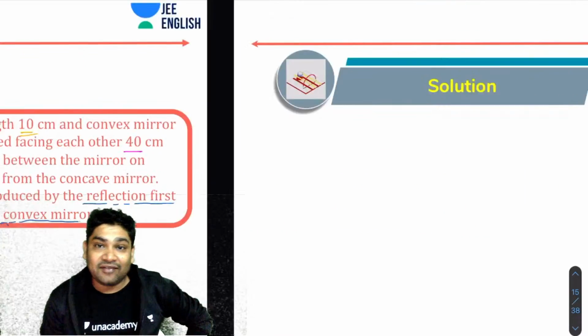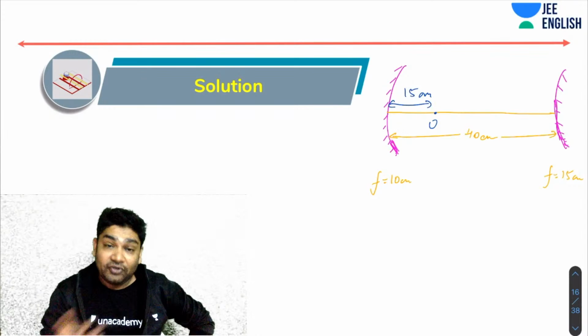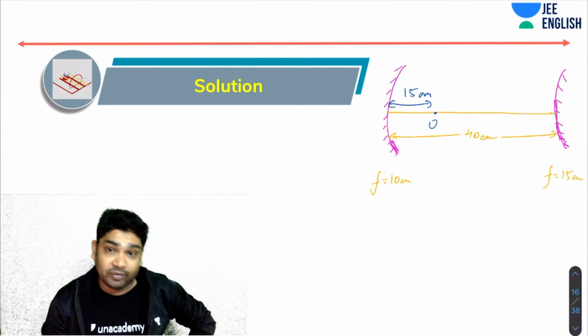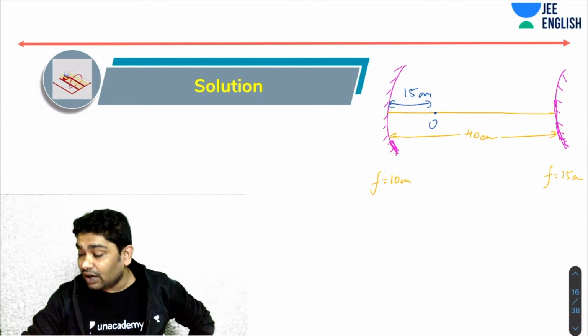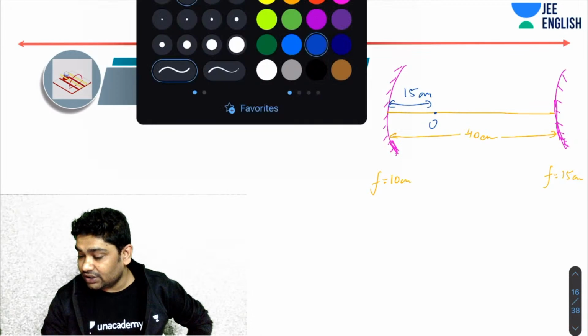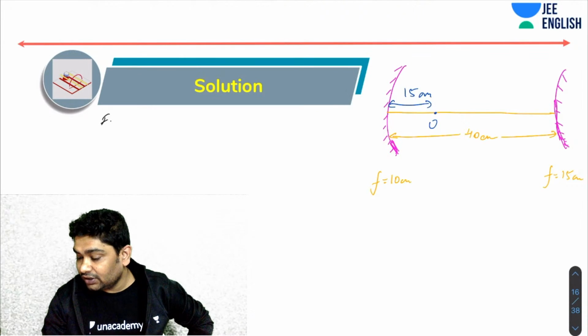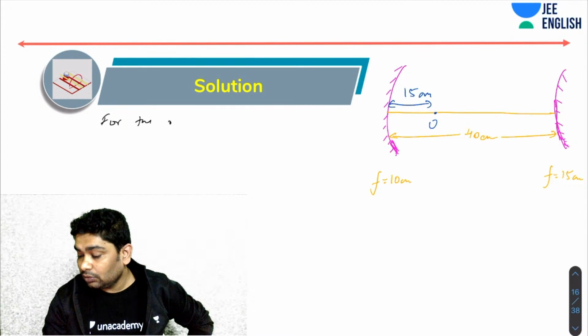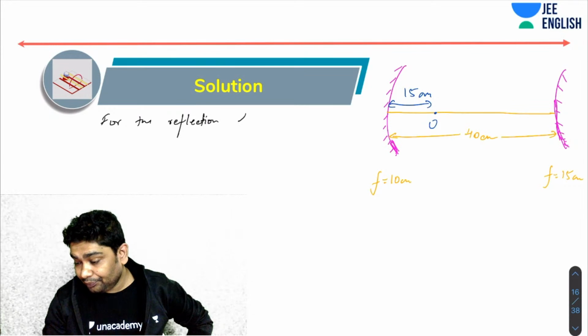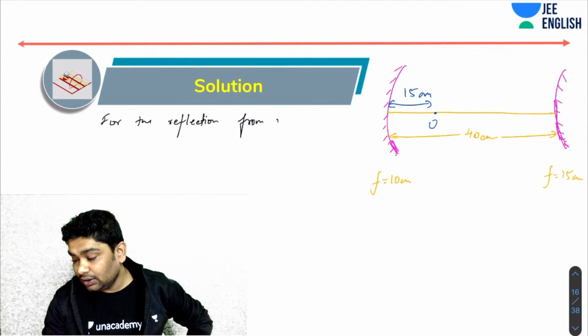So let's try and find the position of the image after the first reflection from the concave mirror.